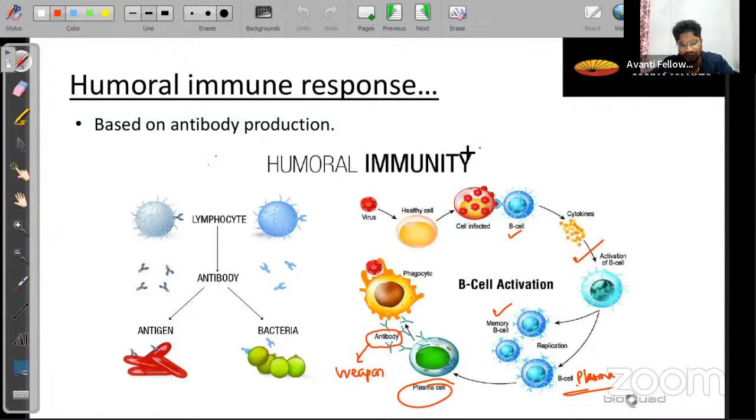Note it down. This is your humoral mediated immune response. Well, I hope this is also done, right? If not, click on no option or just let me know in the chat box.